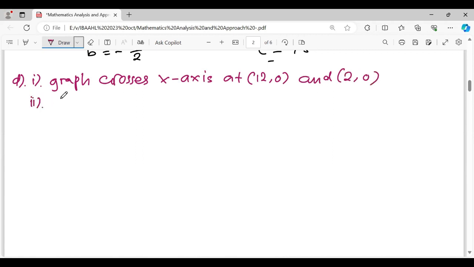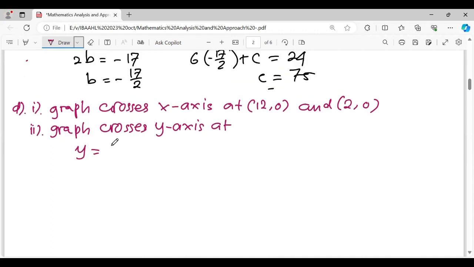And the second information is that the graph crosses the y-axis at, if x equals 0, y equals 24 over 6 equals 4.